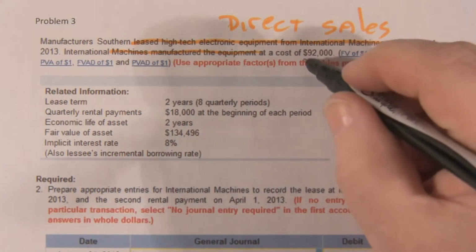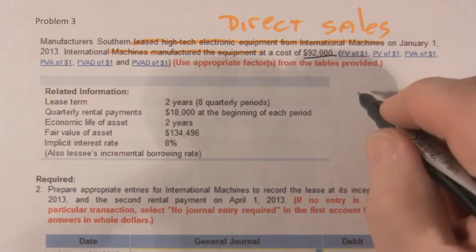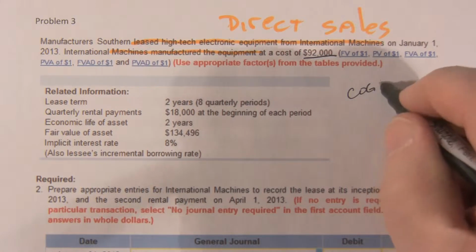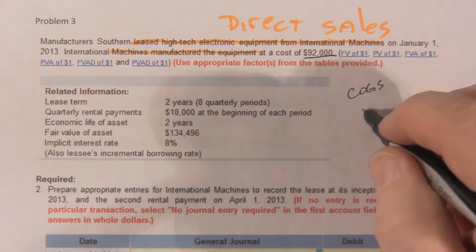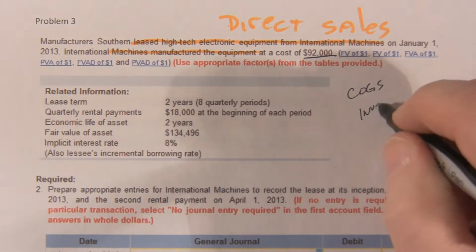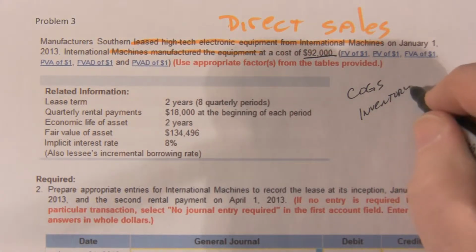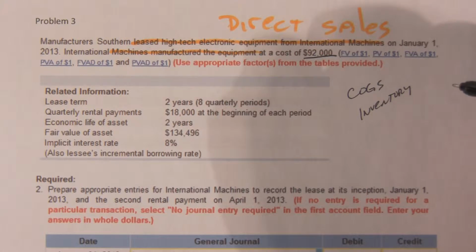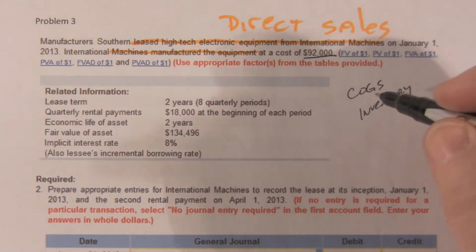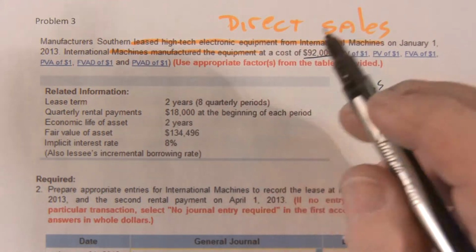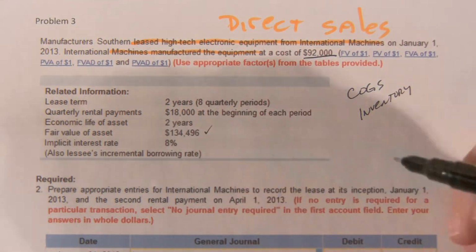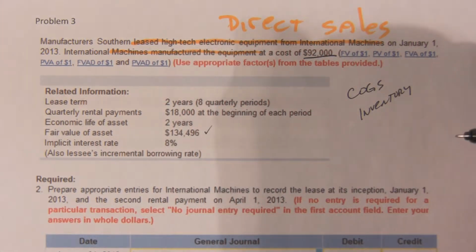If that's the case, the $92,000 is both our cost of goods sold and our inventory. Okay, so we're going to need that. And we have the lease receivable, fair value of the asset, okay?